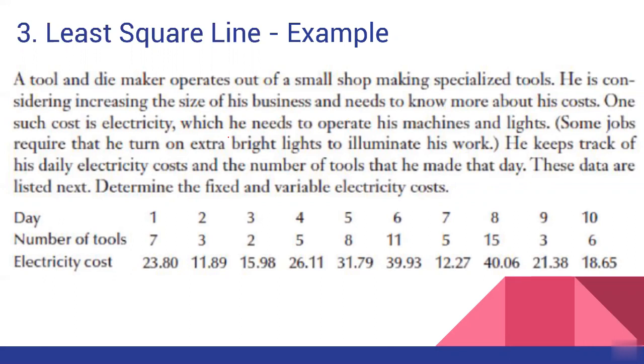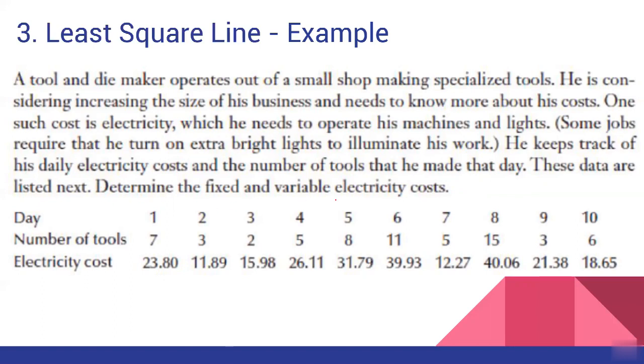One such cost is electricity, which he needs to operate his machines and lights. Some jobs require that he turns on extra bright lights to illuminate his work. He keeps track of his daily electricity costs and the number of tools that he made on that day. These data are listed next.